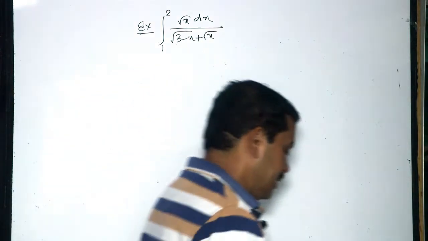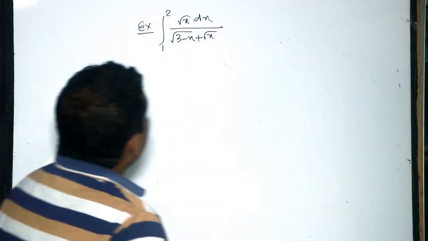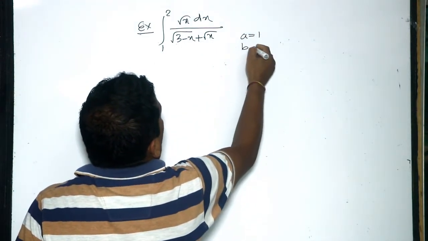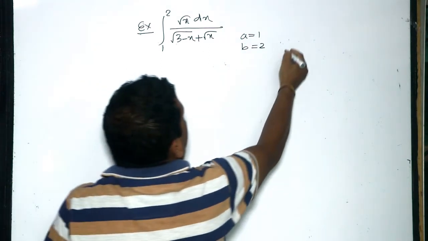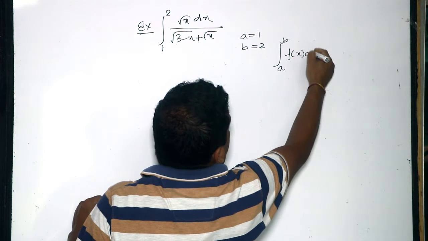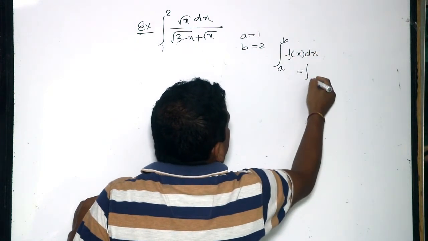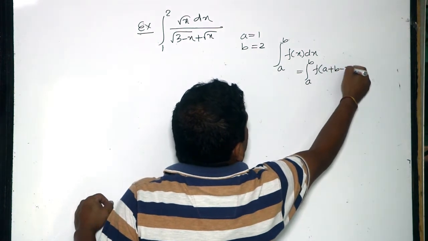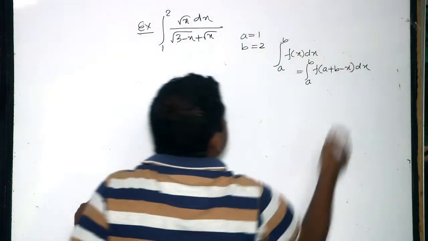How to evaluate this integration? Now here a is 1, b equals 2, and we have to use the formula a to b f(x) dx equals a to b f(a plus b minus x) dx.